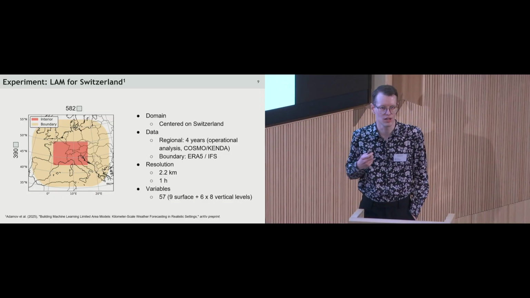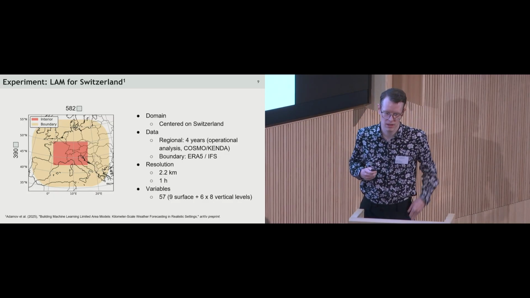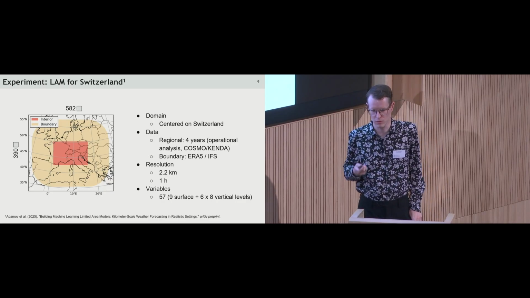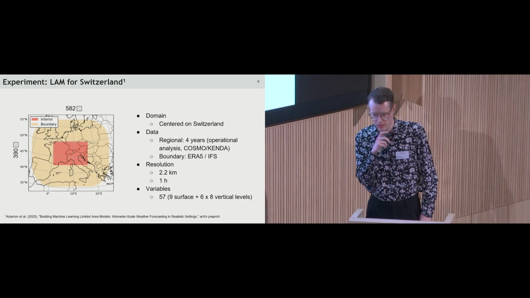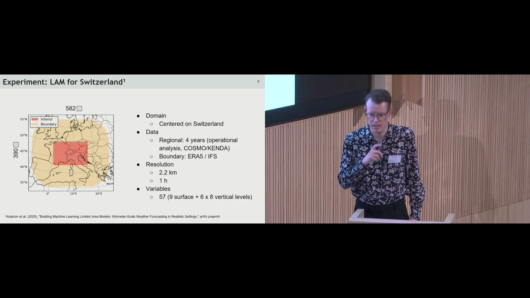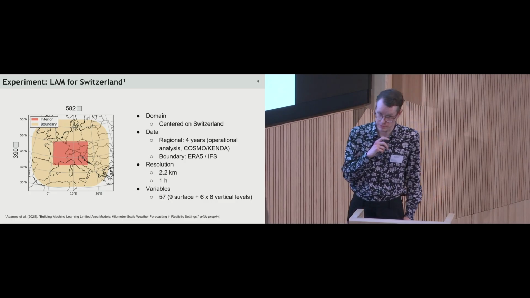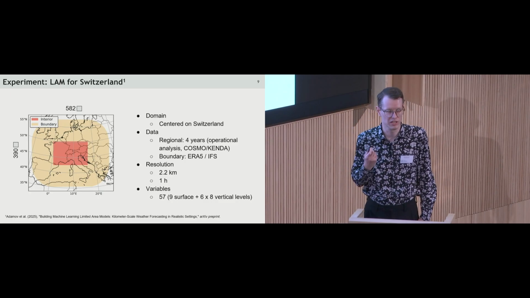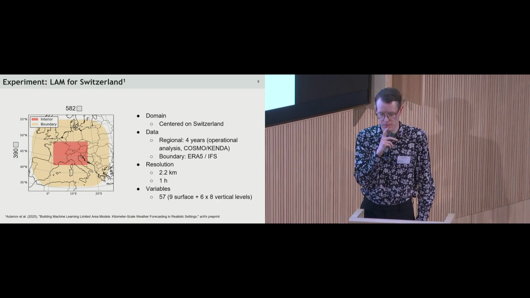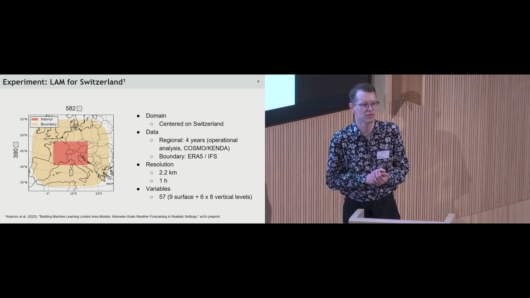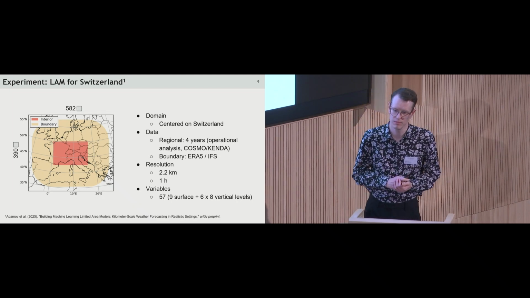So let's look at an example of what we can do with this. So here's some experiment where we've been building such a model for a region centered on Switzerland here. So the actual forecasting region is this red part in the middle, and then we use a pretty large boundary area in this case. And the data here is 4 years of, well, it's an operational analysis from Meteo Swiss. And then for this boundary information during training, we use this ERA 5 dataset that's been mentioned earlier.